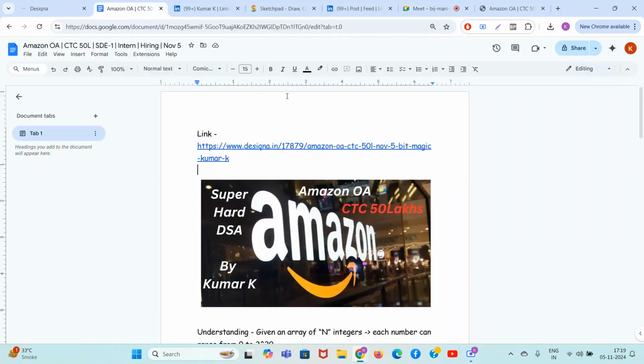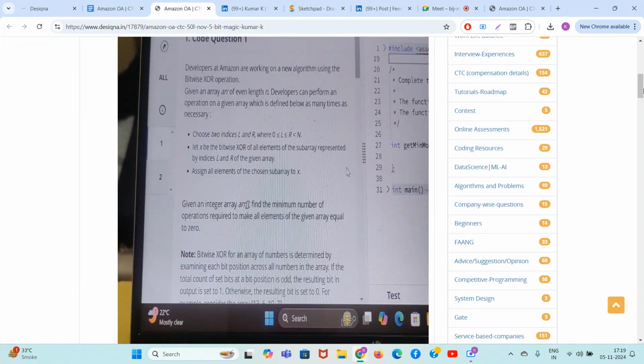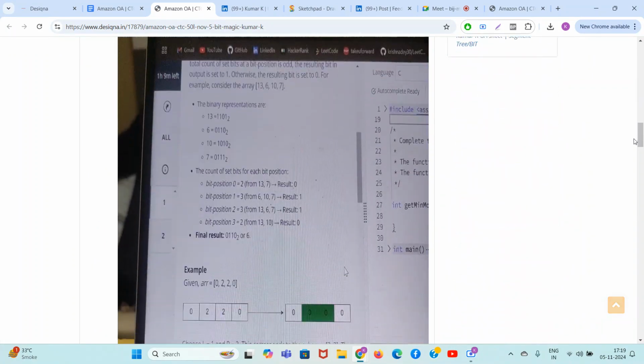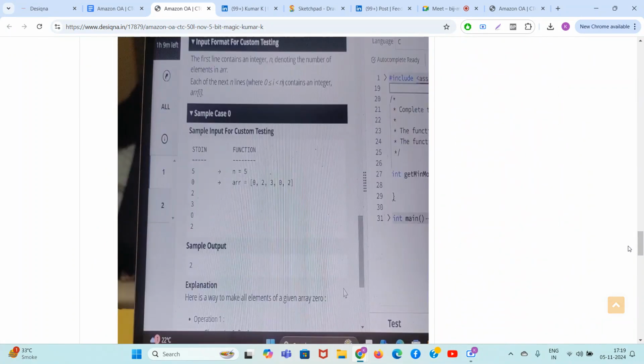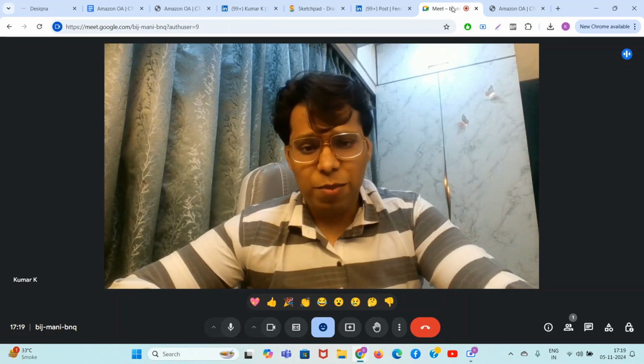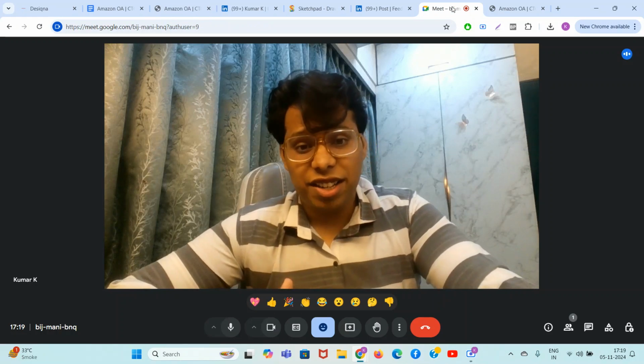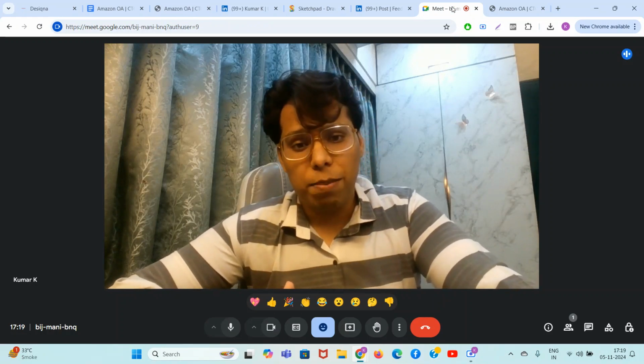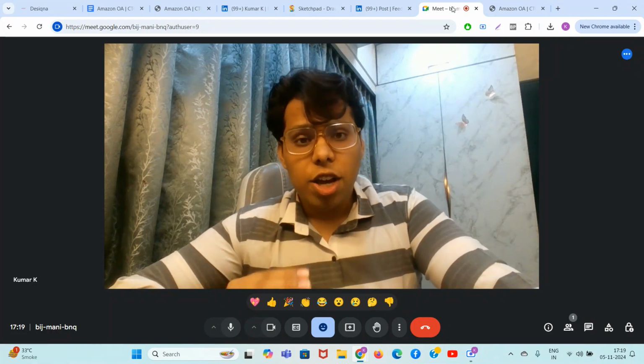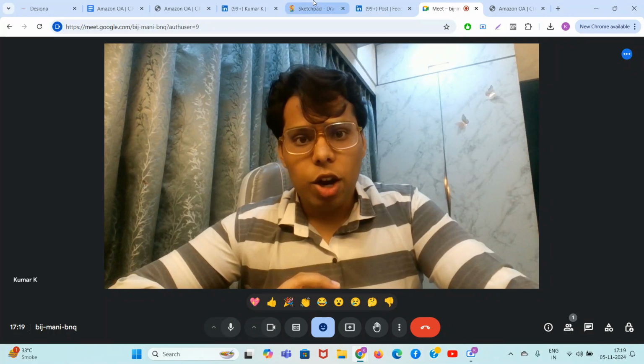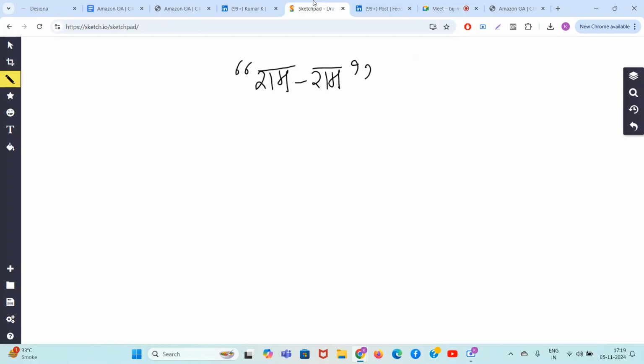So, guys, the problem is this. So, if we try to open the problem, it looks a little big, right? See, so big it is. So, guys, you should always know that if your aim is to crack a SD intern or full-time SD role off campus at FANG type companies, you will have to deal with the online assessment. And online assessment will always have large paragraphs.